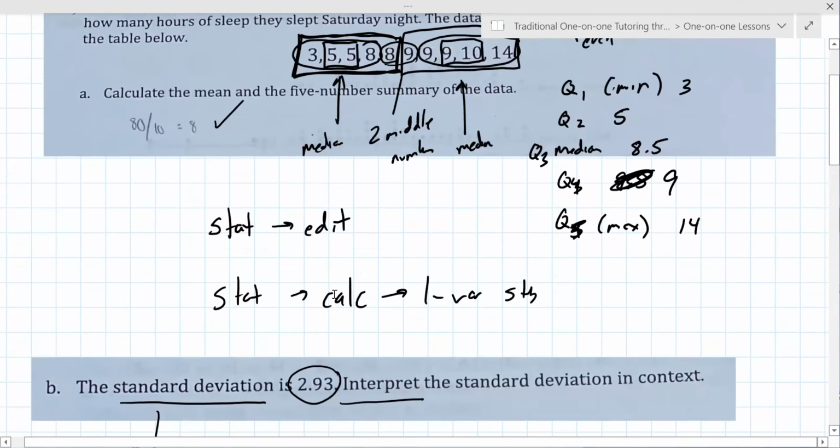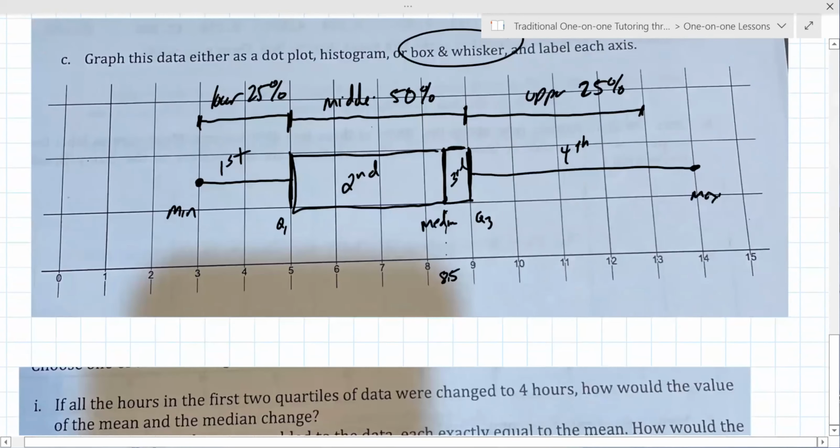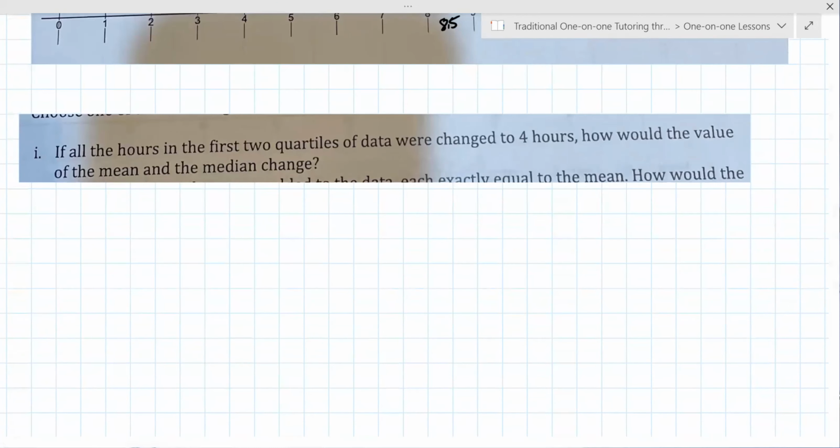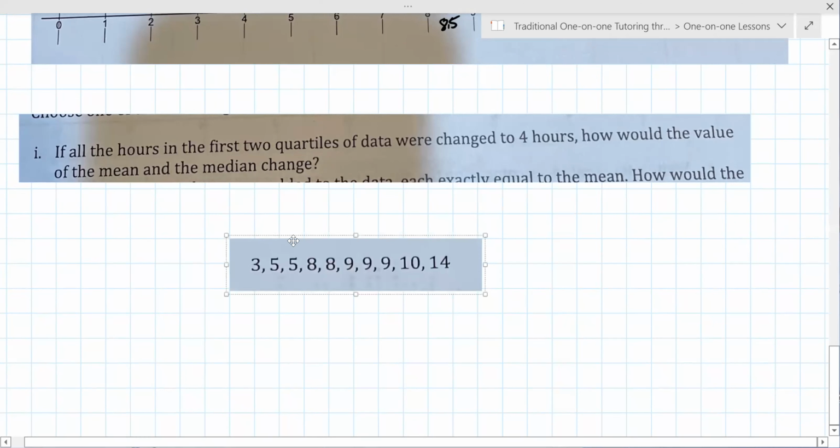So now we're going to go back to our data set. Sorry, let me go grab the data set. All right, so here's your data set. It says everything less than the median, which is everything less than 8, was changed to 4 hours.